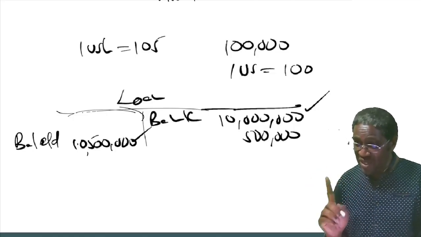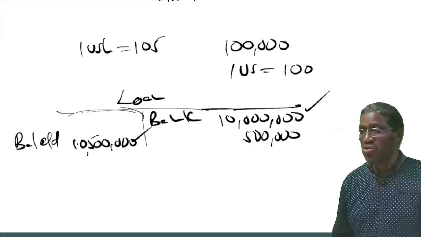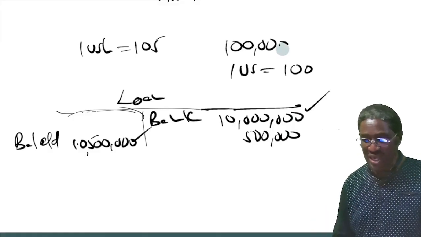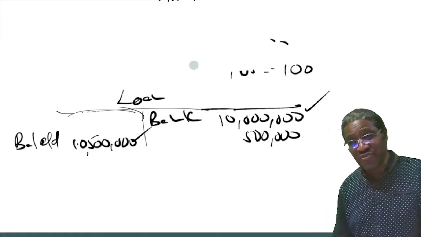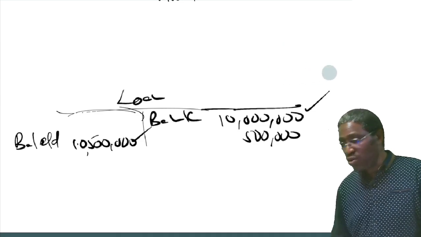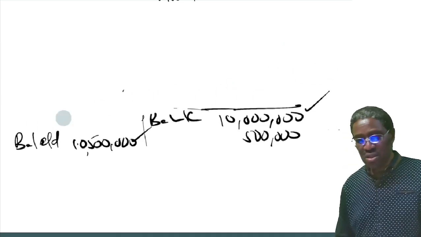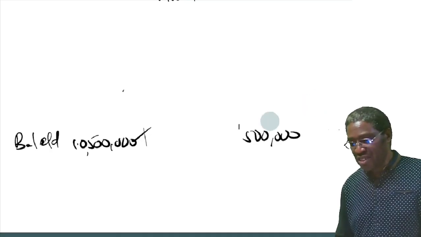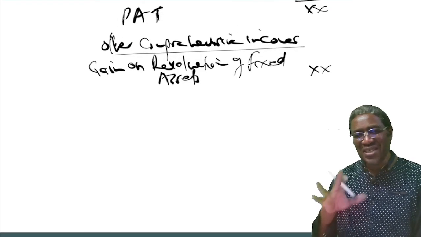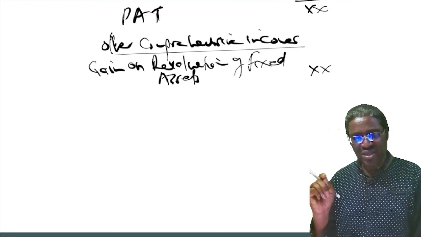But that 500,000, I'm not saying you take it to the P&L account. I'm saying there are some exchange differences where the rule says take it to the P&L account, and there are some other exchange differences whose rules require you not to take it to the P&L account. So we are now assuming that you have an idea of another example.